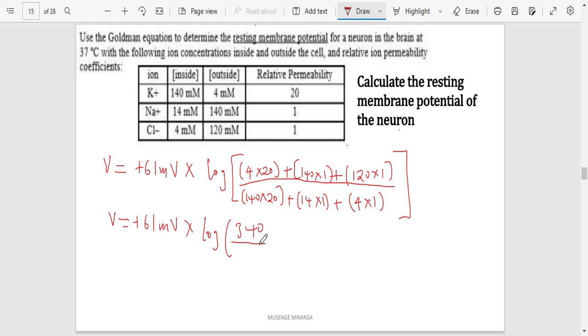And then 140 times 20, that is going to give us 2800, and then we are going to add 14, then we are going to add 4, so this is going to give us 2818. Okay, so we'll now say 340 divided by 2818, then we'll say log of the answer that we have found.